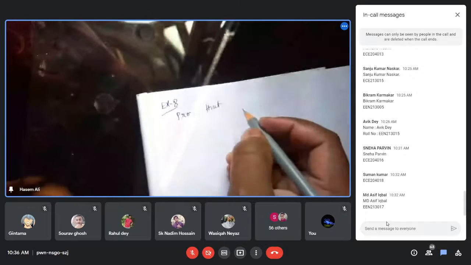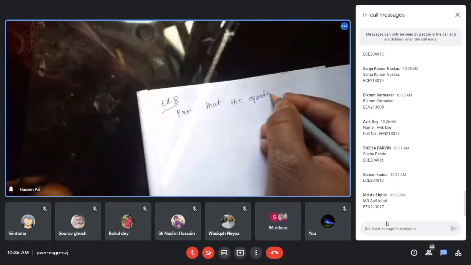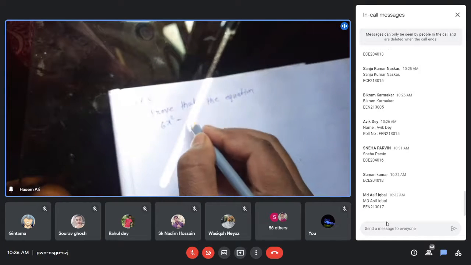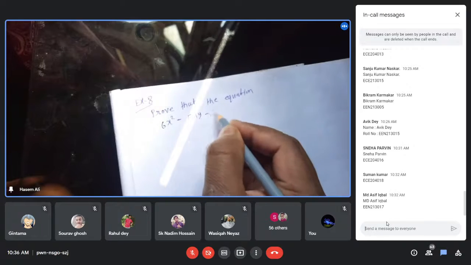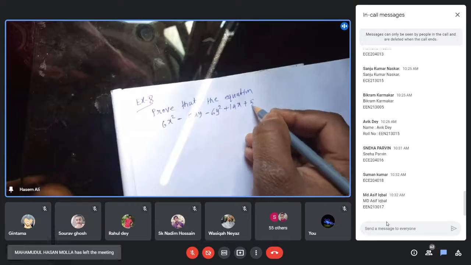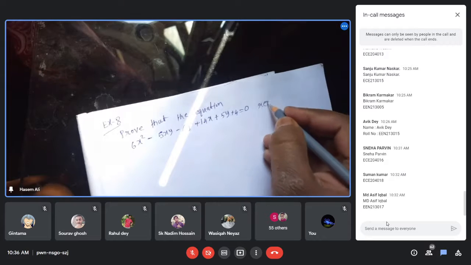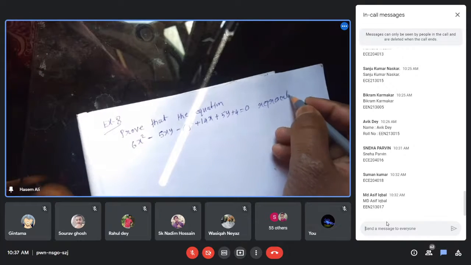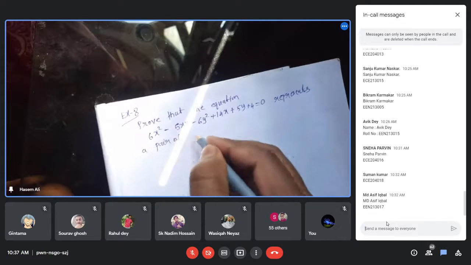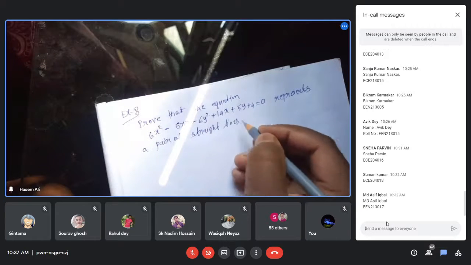Prove that the equation 6x square minus 5xy minus 6y square plus 14x plus 5y plus 4 equals 0 represents a pair of straight lines.